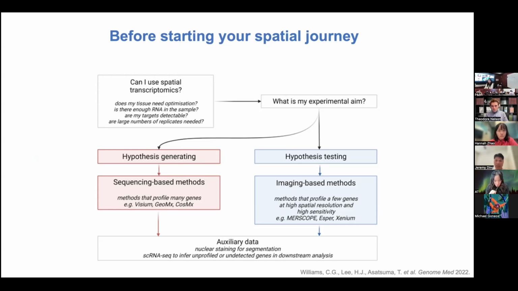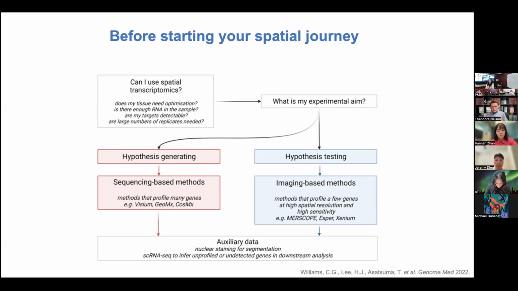That way there is a little less background or a higher sensitivity for the markers that we're interested in than sequencing, especially if you're interested in rare cell types. Sometimes they express very low levels of RNA and have biases when you do the sequencing. On the other hand, if you're generally looking to define the microenvironment of a specific tumor or disease, or if you're still looking for markers or clusters that you want to specify, you often tend to go with sequencing-based methods.